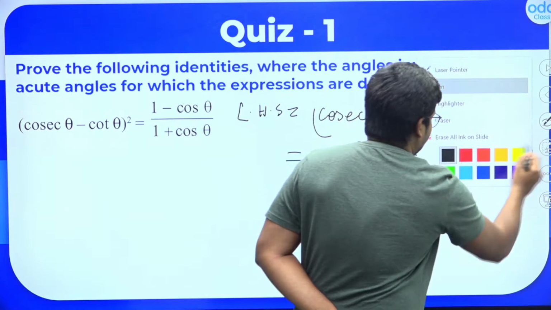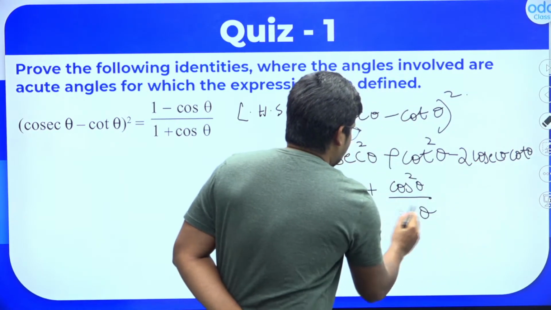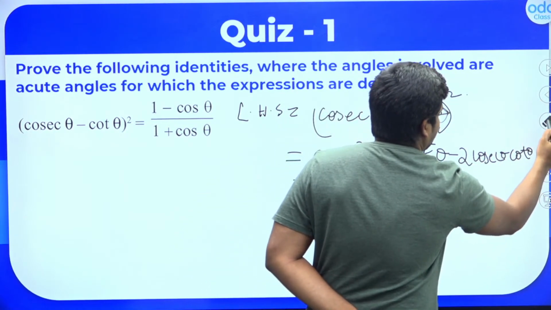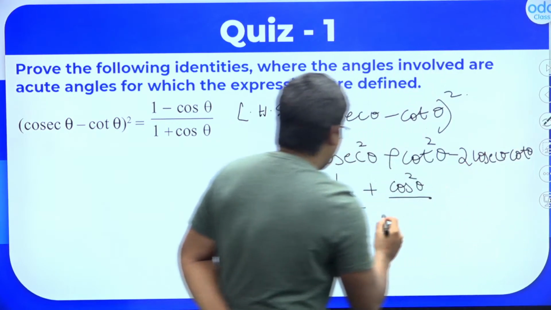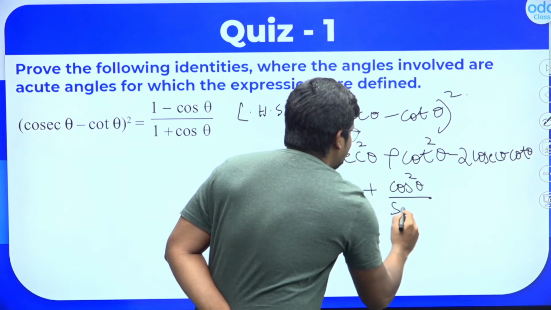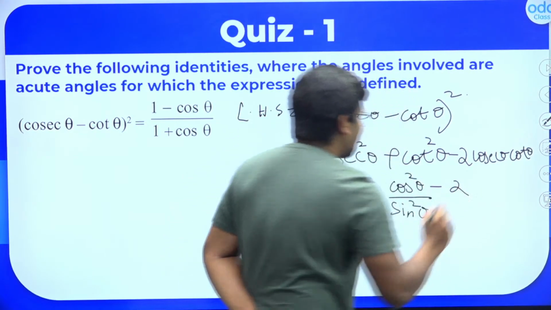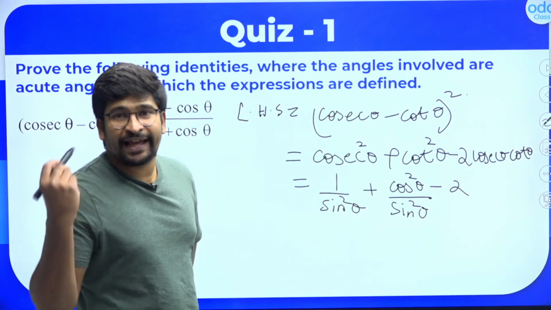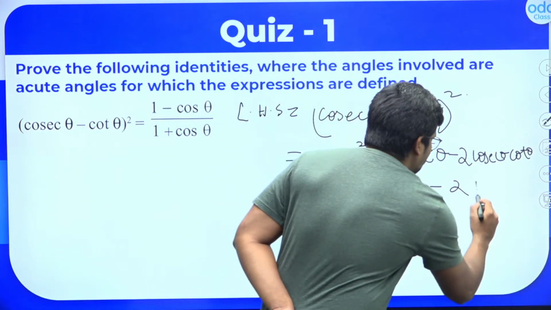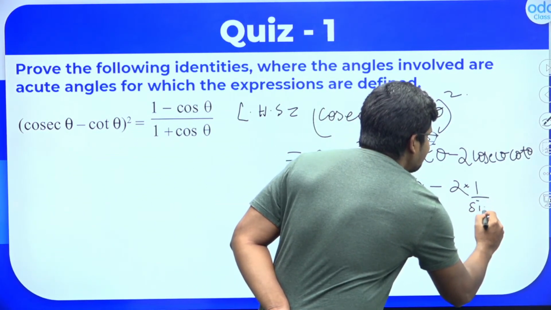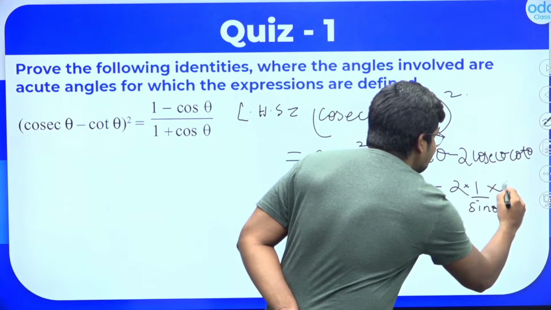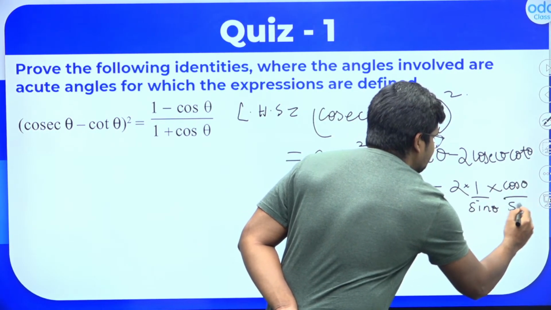So it is cos square theta divided by sine square theta, right? That is cot square theta, minus 2 times, you can write cosec theta is 1 divided by sine theta. So 2 times 1 by sine theta into cot theta, which is again cos theta by sine theta.